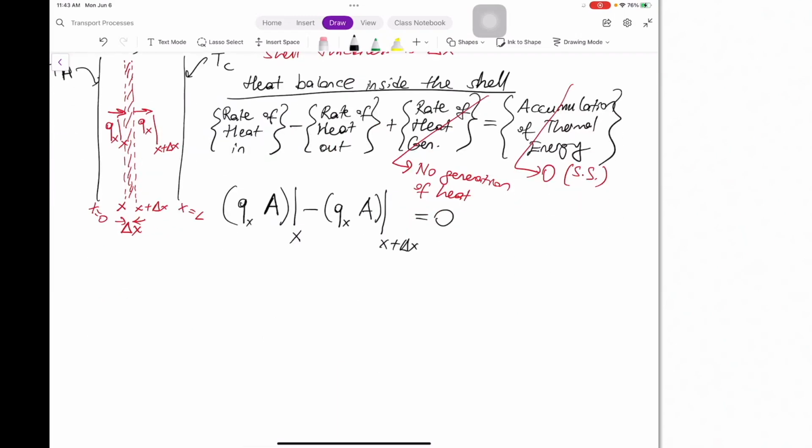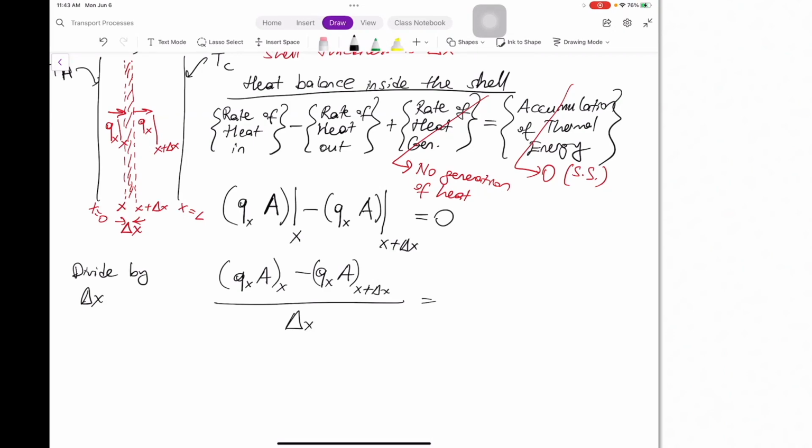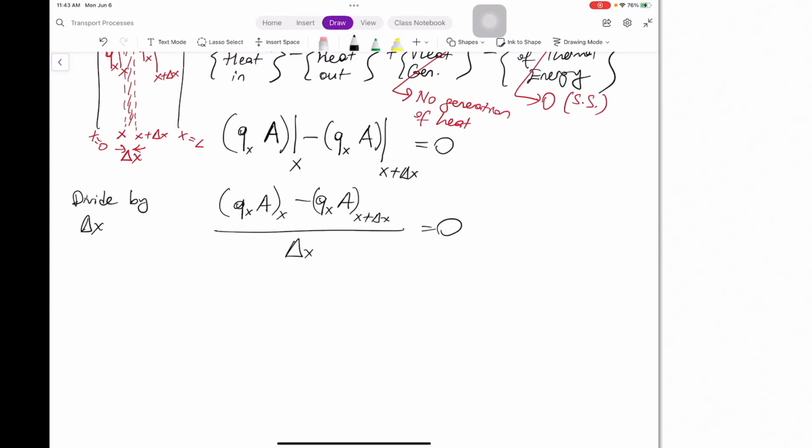Now I need to convert it into a differential equation by dividing both sides by delta x. Divide by delta x, and we get qxA at x minus qxA at x plus delta x, divided by delta x, is equal to 0. And I take the limit as delta x goes to 0.